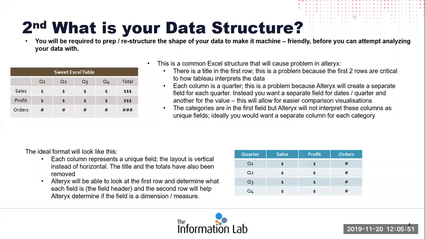So instead of it having this long and wide format, it will have this tall and thin format, which will make it easier to create calculations in the formula tool. It will make it easy as well to aggregate your data. And also if you want to use the reporting function, this is the ideal format for you to be able to use that.